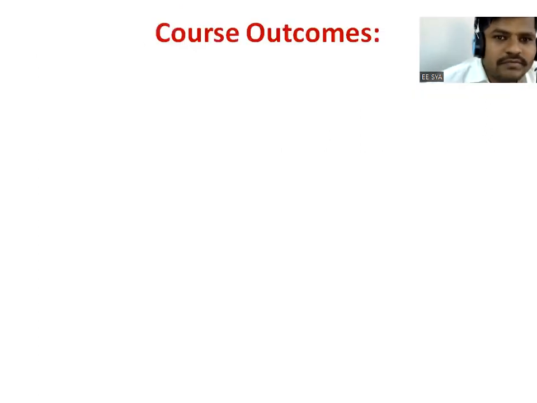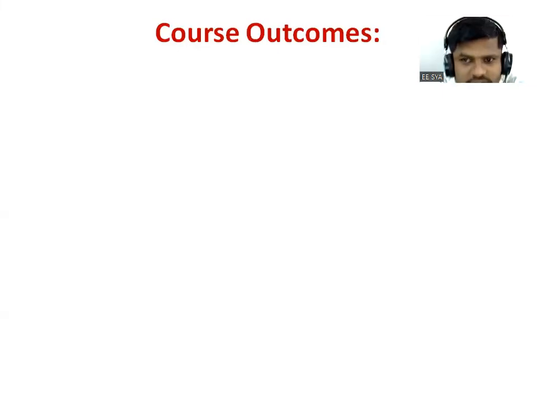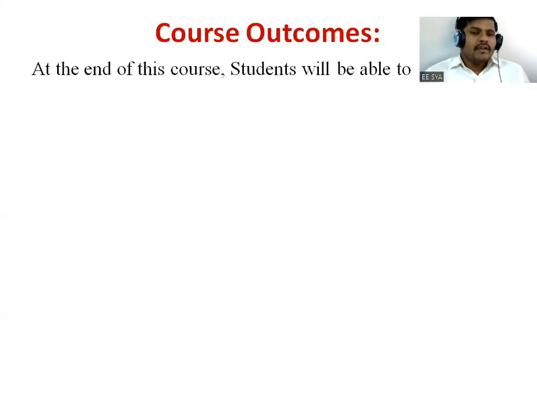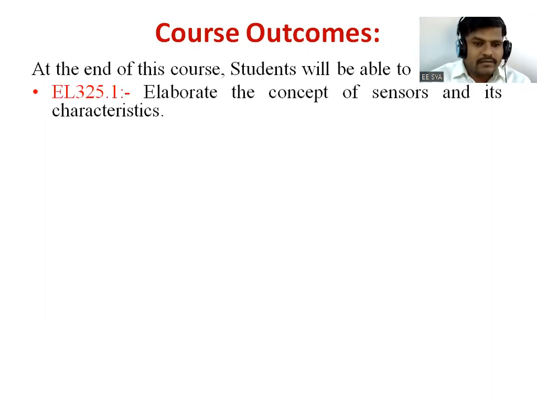Okay. Now we will discuss the course outcomes. There are six course outcomes based on six units. The first course outcome is to elaborate the concept of sensor and its characteristics.